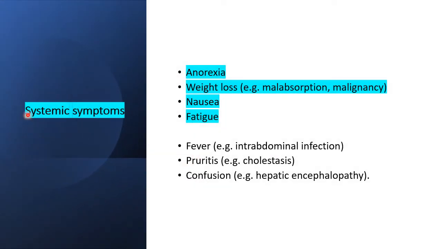The other thing is, apart from localized symptoms of the bowel, you must also think of systemic symptoms of anorexia, weight loss, nausea, fatigue, which are commonly seen in patients with malignant lesions such as colon cancers. Others like fever, itchiness, and confusion or jaundice may be related to the other solid organs of the gastrointestinal tract.